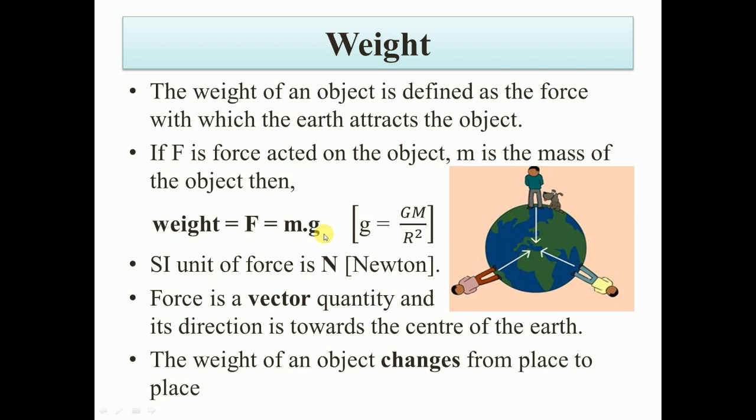Now if you go to the moon or any other planet, the value of G changes, because the gravity is different for different planets. And if the value of G changes, then your weight will also change. So the weight of an object changes from place to place.